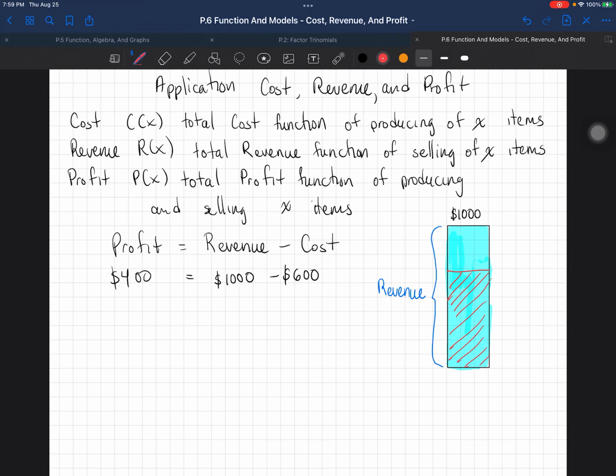If you take away the 600, then what you're gonna be left with is the subtraction. So this will be your profit, right? Which in this case is $400.